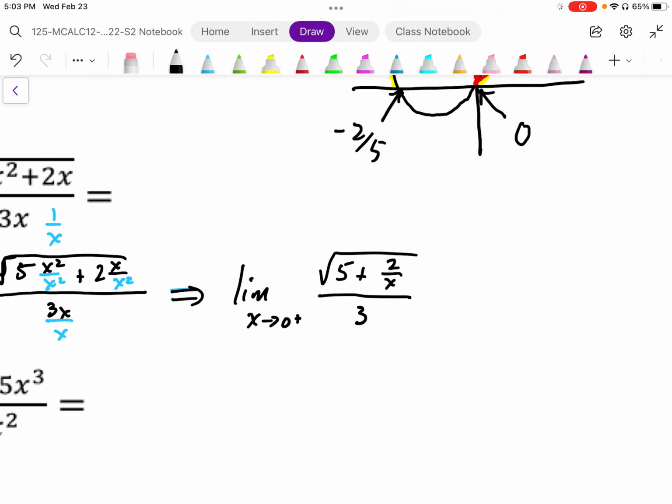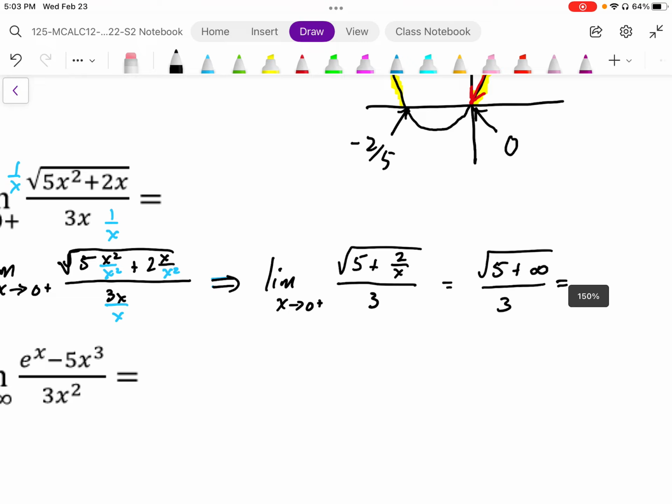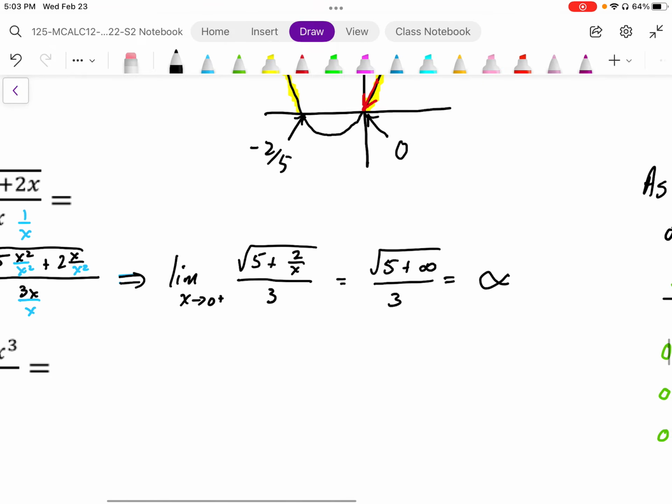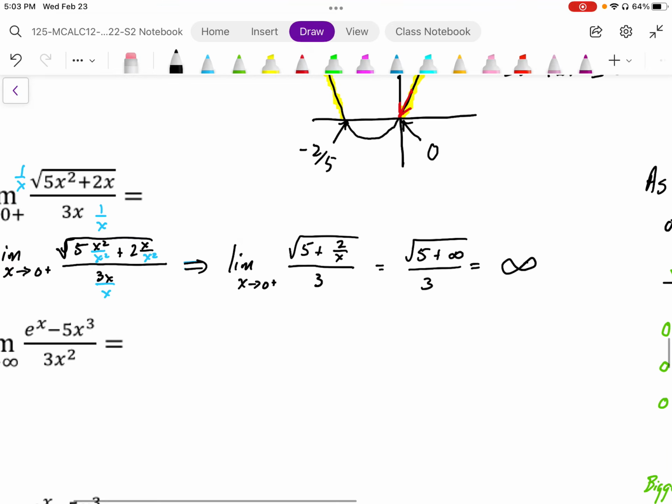We're approaching from the positive side, so 5 plus 2 over x becomes infinite as we go to positive infinity, over 3. This is then equal to the infinity that we got before. Our previous approach was using a ratio analysis, and the graph shows this is the case. This is our algebraic manipulation to get us the same result.